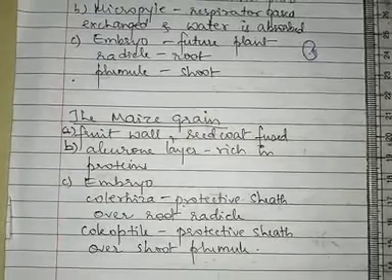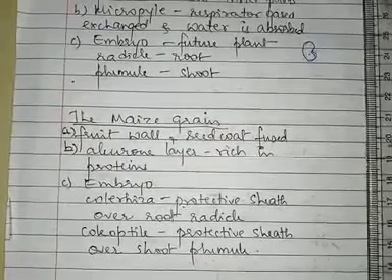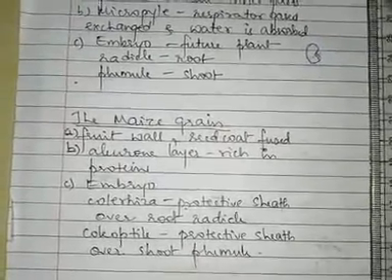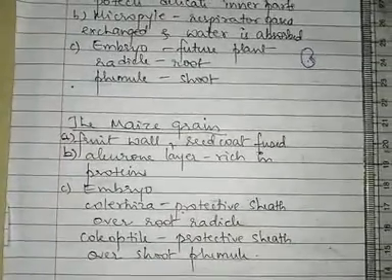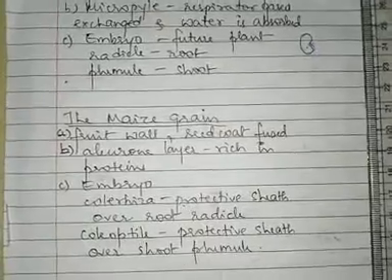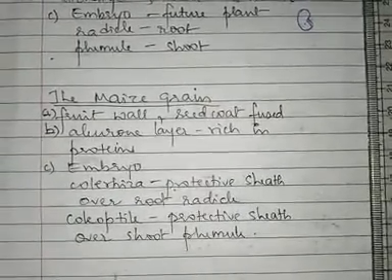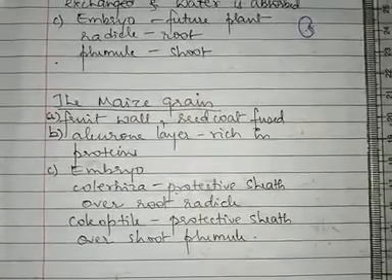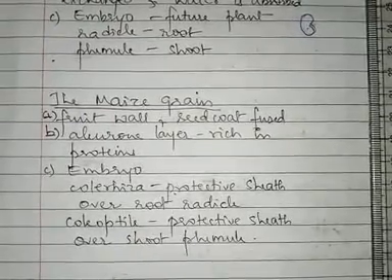So here we discussed about the size of the seed. Now we will go back to the structure of the maize grain, right? Basically, we had discussed that grain is a type of fruit in which the fruit wall and the seed coat both are fused together to form a protective layer surrounding the seed.